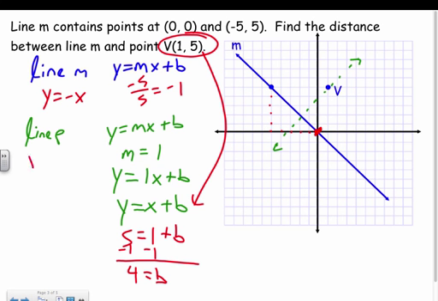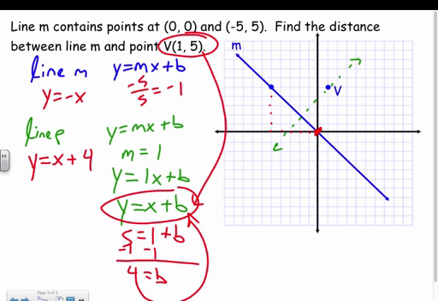So there's the equation for line P. I have y equals x plus 4, right? Because I used this equation and then I plugged in 4 for b. So now I have 2 equations.